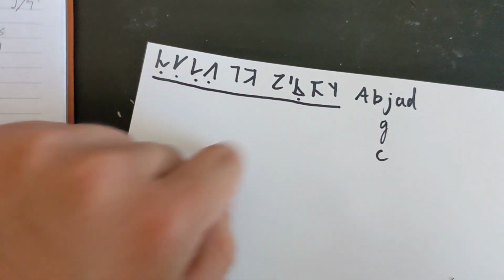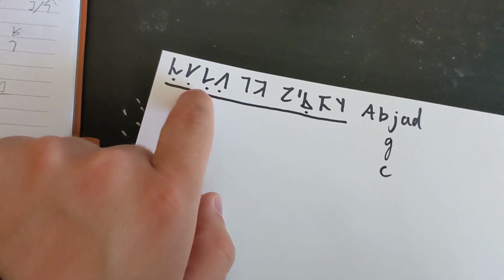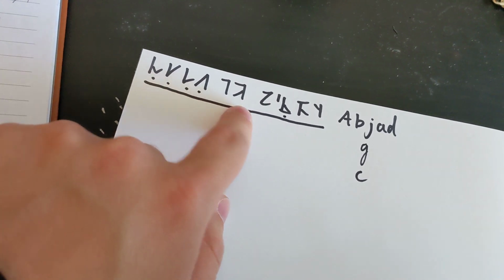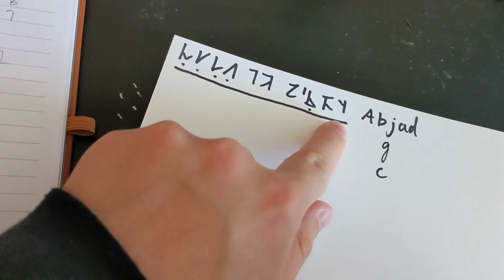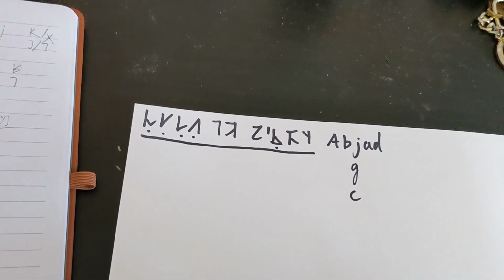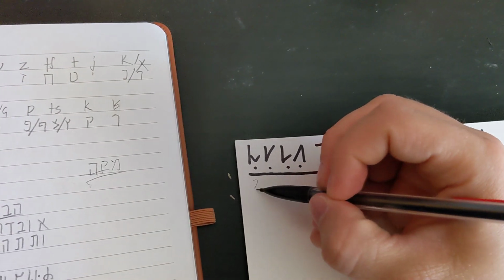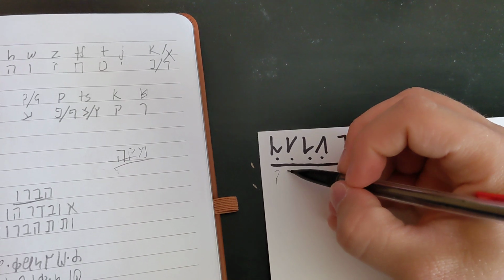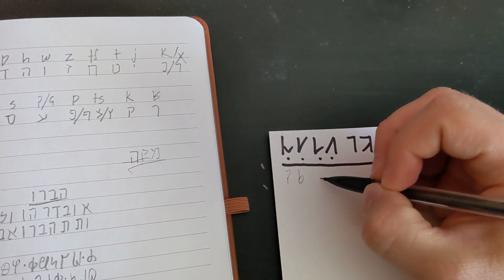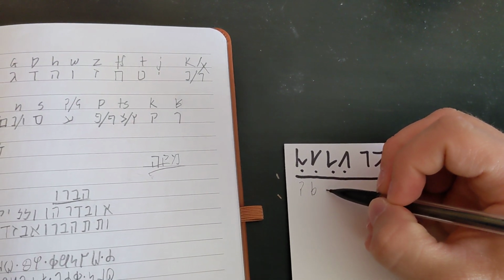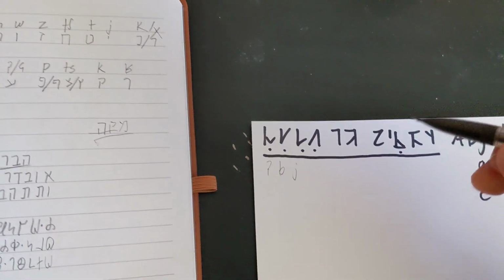I guess I should show you now. So this is it here. So this literally says Abjad for English. This is how you write English. But I'll write it literally for you. So I put glottal stop, ab. We'll just put a J for simplicity.